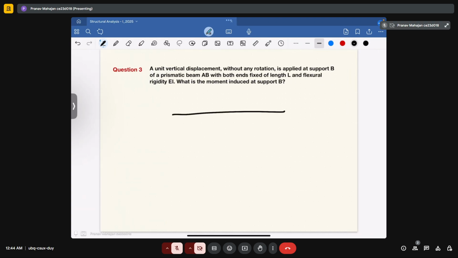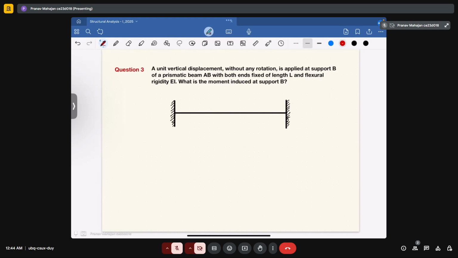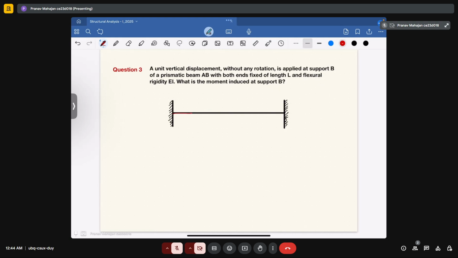So let's see, if you are having a fixed beam like this. So the question is telling you, if this beam bends like this, okay, like this, now it has undergone a displacement.